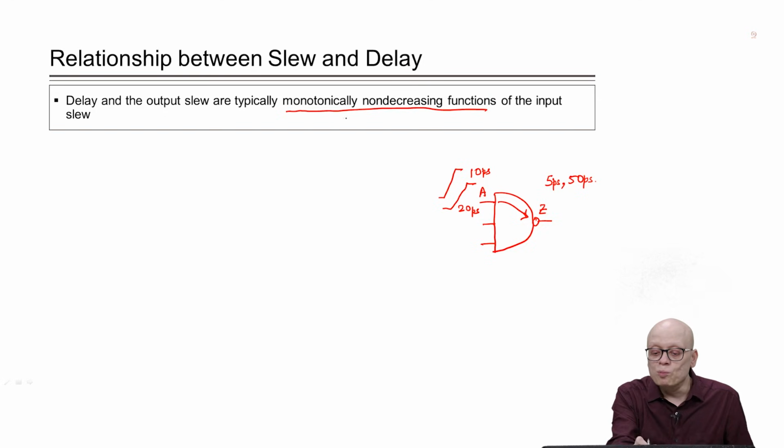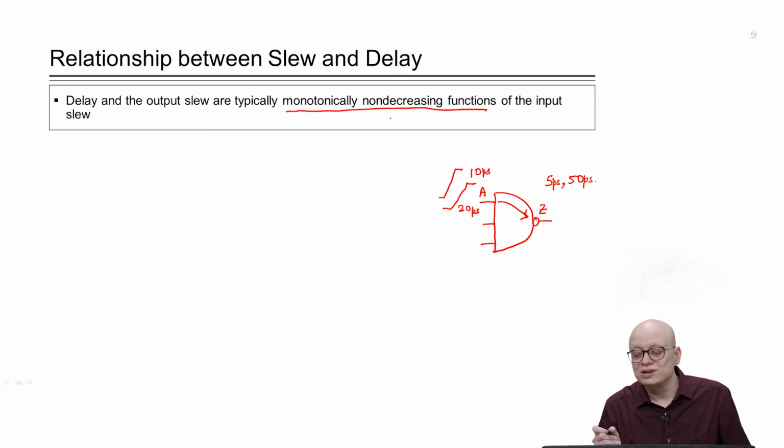It will be 5 picosecond or maybe somewhat higher, say 8 picosecond, and similarly the delay will be non-decreasing. It will be either 50 picosecond or more, say 80 picosecond for an input slew of 20 picosecond.